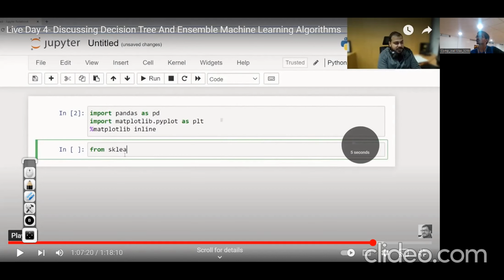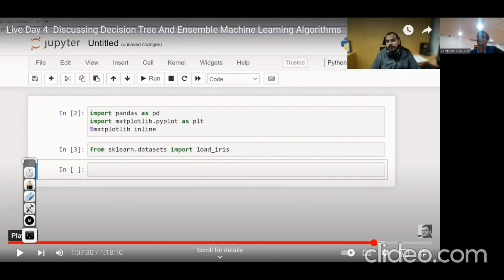Then from sklearn, we will import the iris dataset. Now, either you can give the path of the CSV file and import the dataset using pandas, or sometimes Seaborn and sklearn and some other libraries have inbuilt datasets. Means within these libraries, the CSV files are available. So from them, we are importing the iris dataset.